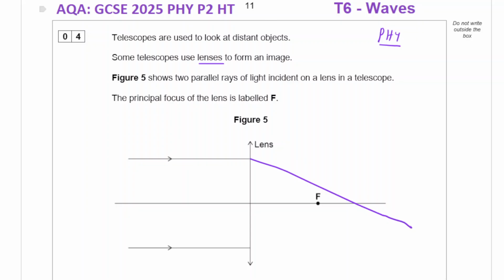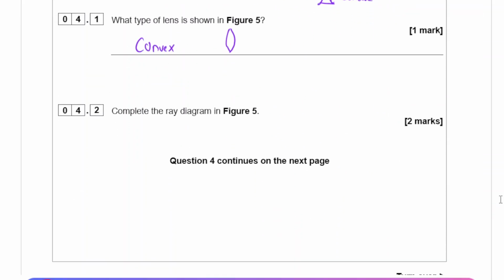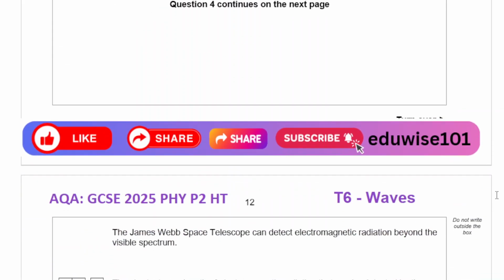There you go. And you follow that up with an arrow to show the light rays. So the marking scheme says the parallel rays converging, rays meeting, crossing at the principal focus.